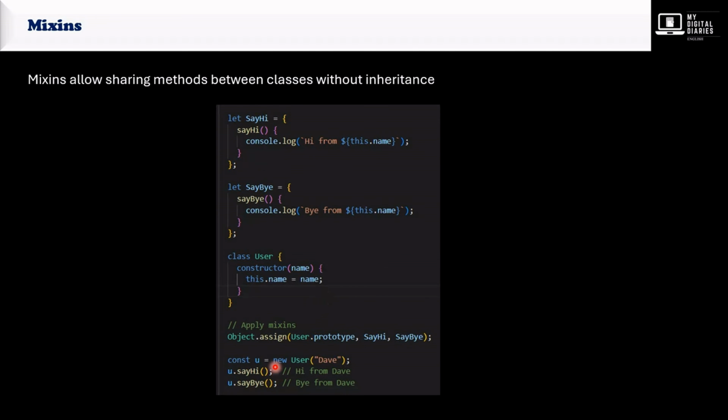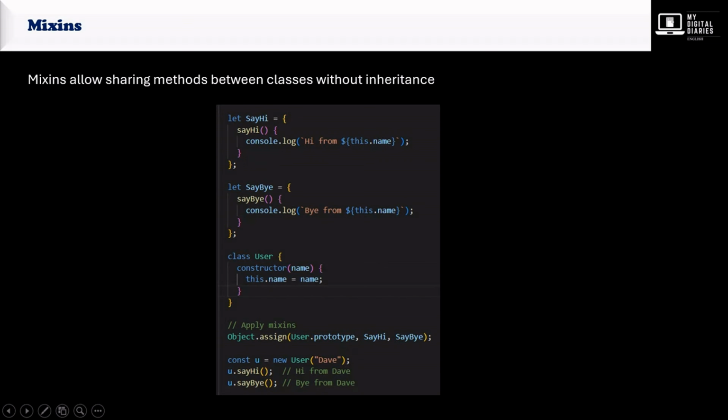Finally, when we create a new user like this, you can call u.sayHi as well as u.sayBye. By using mixins, the user is able to use both the methods without inheritance. It's simple, by copying them from a separate object.